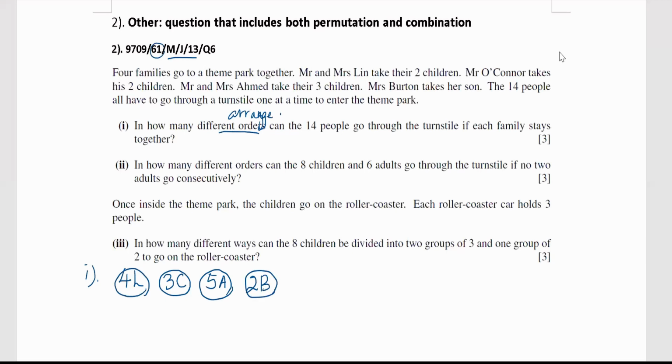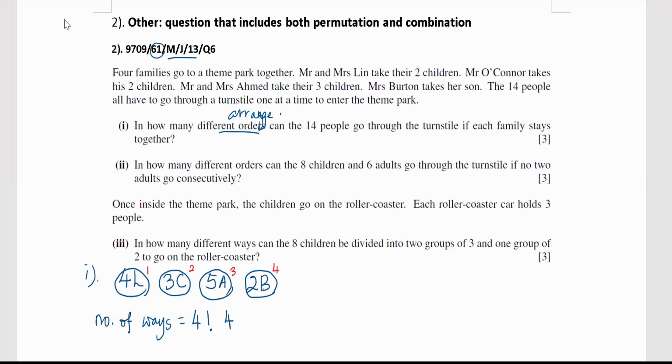So to look at the number of ways for the arrangement, what do we have? Effectively, there are 1, 2, 3, 4 groups of people being arranged, and there will be 4 factorial ways for the arrangement. And at the same time, the 4 family of Lin will be able to arrange among themselves.